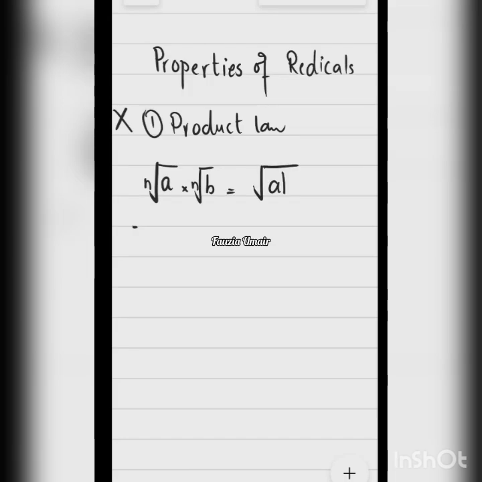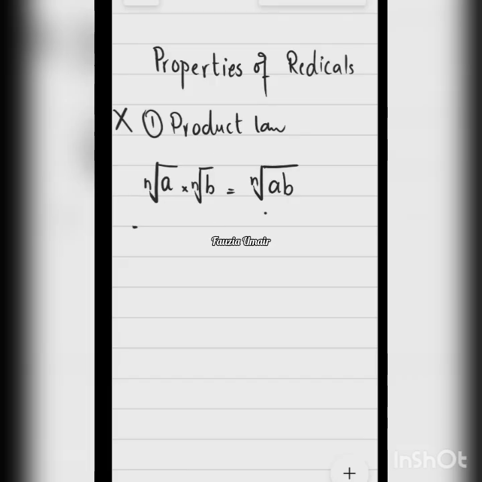So we can write it like this. Instead of keeping them separate, we can just join them in the same root or the same radical. Here you can see a, b, and n. They can be any number. So they are variables. All right.